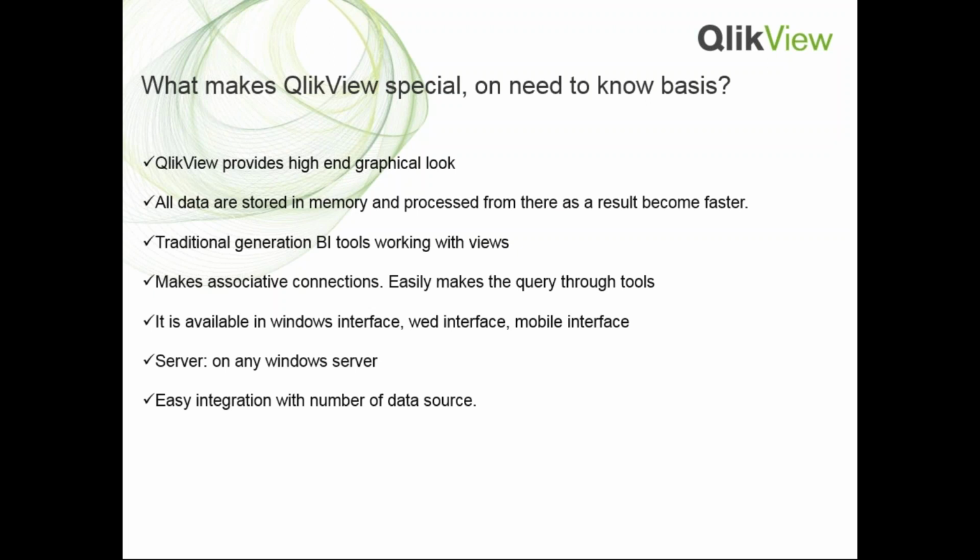Simply, if you load two tables and you do not know how to join them, QlikView will automatically join them by sensing the common key field. Okay, good. That's why it is called associative connections, and it is much faster than the traditional joining process.